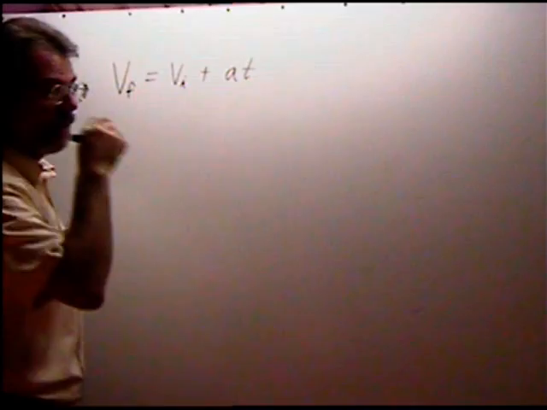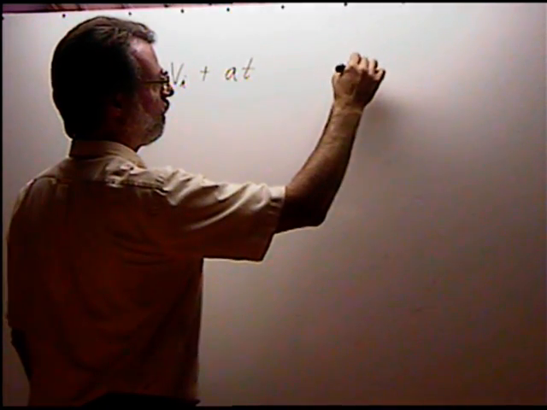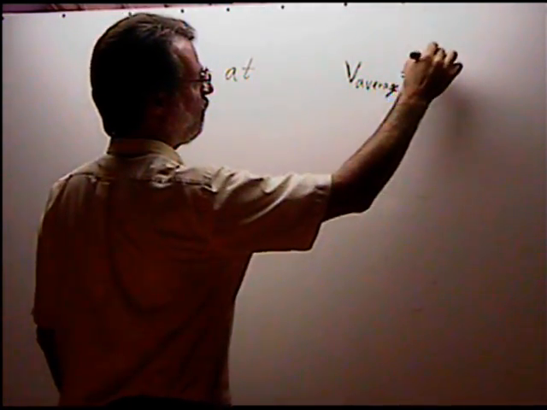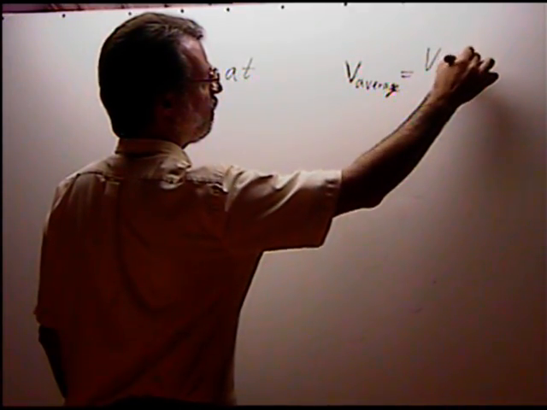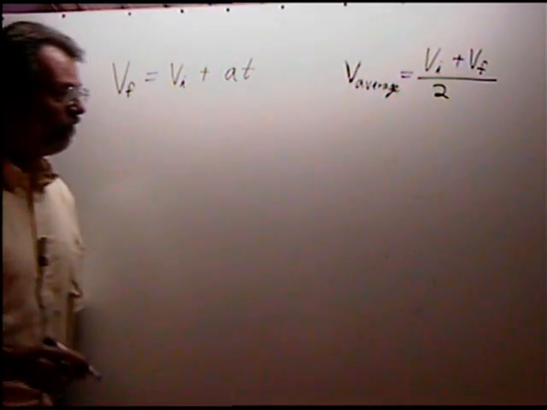Okay. And over on this side, I'm going to put the other equation, which we were talking about, which is that the average velocity is equal to the initial velocity plus the final velocity divided by 2.